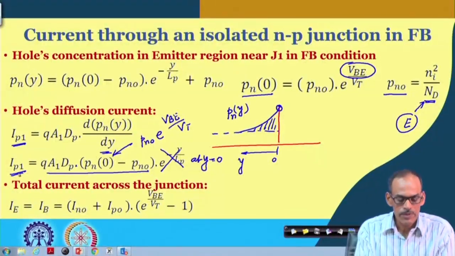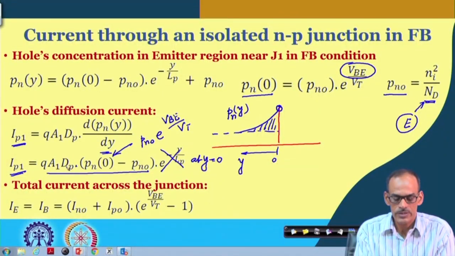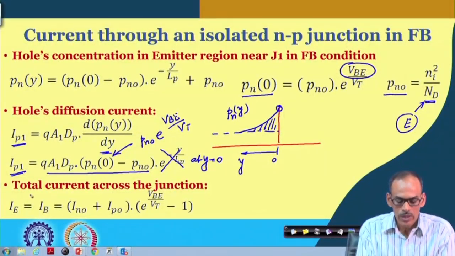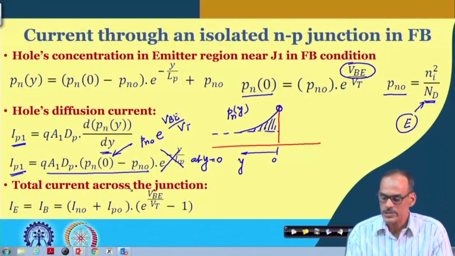So, the expression of Ip1 will be q A1 Dp, this is a different parameter, multiplied by pn0 here, and e to the power Vb by Vt, and of course this part is dropped.